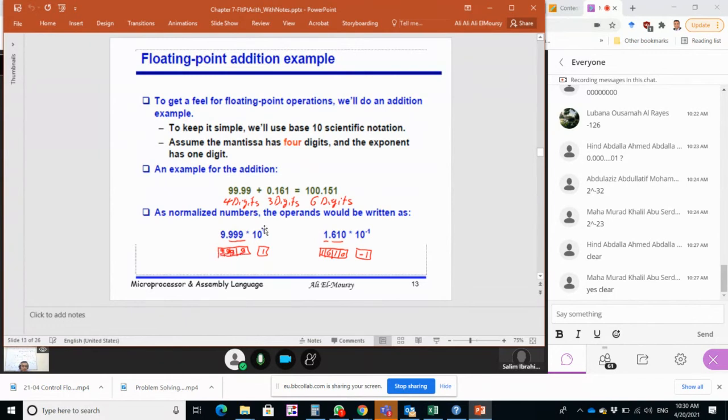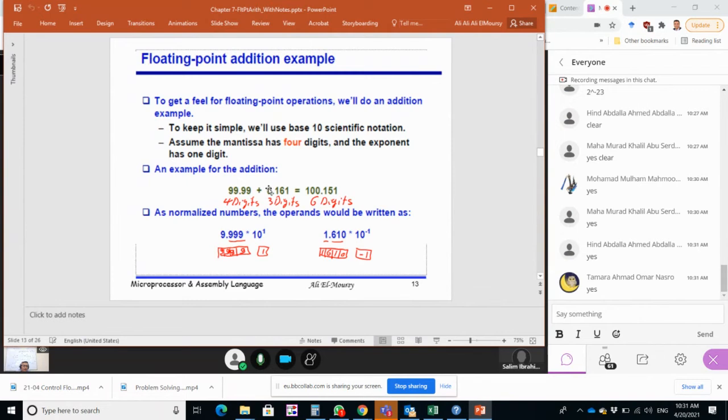The exponent here will be stored as it is. Since I shifted the decimal point one place to the left, I have to raise the power of 10, because we are talking about decimal. So the exponent here will be stored as the number 1. You agree? Make sense? Fine.